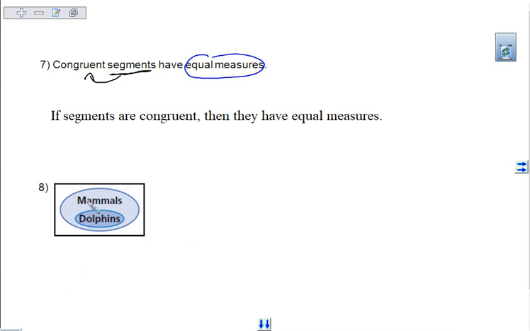Our next one, remember that the smaller oval or circle is our hypothesis, larger oval or circle is our conclusion, and the box is in general what we're talking about. So we've got dolphins and mammals. What are those things? They're animals. So remember that we start with our general when we are writing our conditional statement.